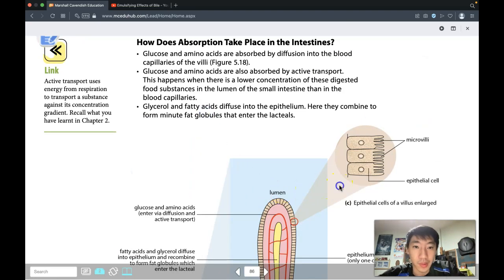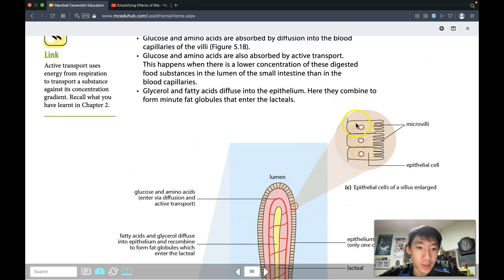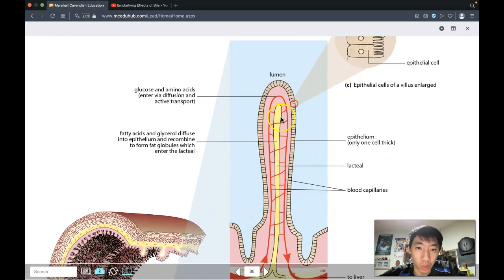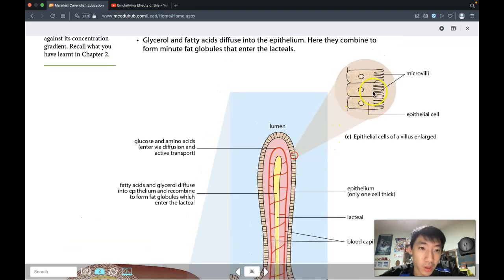So this microvilli is on the cells. This is one whole villus, this shape, and on it, each cell has microvilli. So this helps to trap even more food particles and help to absorb it, because of the increase in surface area.